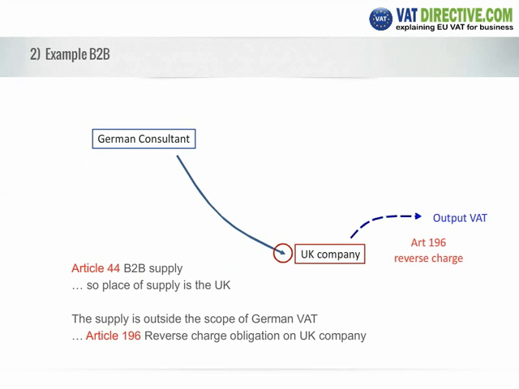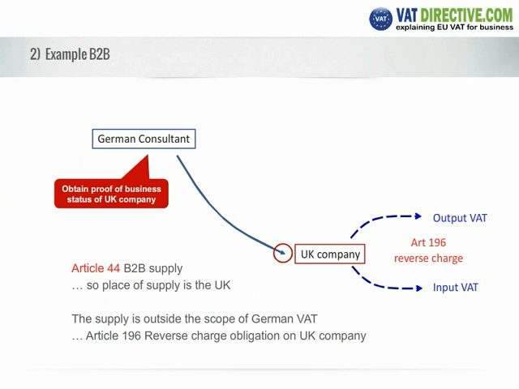As they're paying output tax to the government, it must also be their input tax. So they can recover the output tax they've accounted for, providing, of course, they are a fully taxable UK company. So the reverse charge is simply accounting for output tax, effectively the German consultant's output tax, and then seeing if you can recover that as input tax.